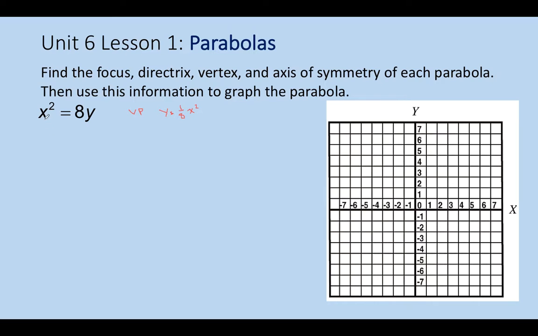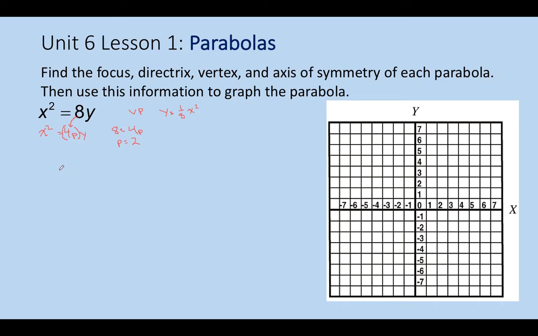Well, here's the deal. If I've got x squared equals 8y, the general form here is x squared equals 4 times p times y. So it's kind of like this 8 is the 4p. So I've got 8 equals 4p, which means p is equal to 2.